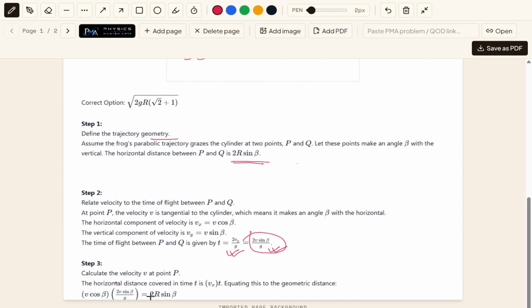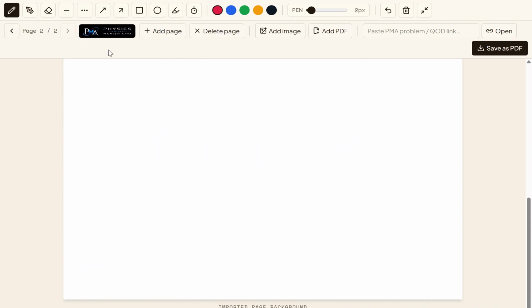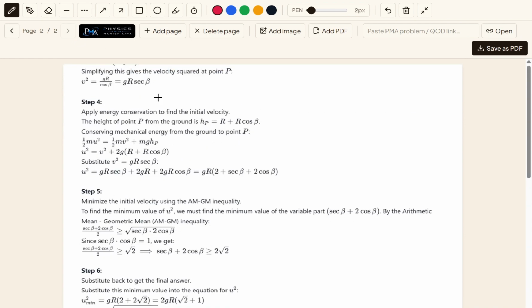So this together is equal to 2R sine beta, since 2R sine beta is PQ. So somehow we have related this to the geometry, right? From here, we can get the value of V squared. V squared is GR by sine beta. Somehow we wanted to relate V in terms of beta, which we got.